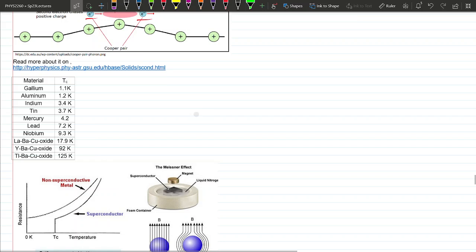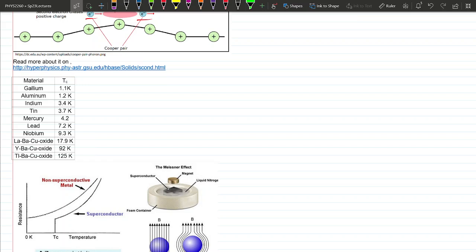In order for a material to be superconductive, as I said, it has to be an orderly process. You have to slow down the electrons. For example, if your material is made of aluminum, you have to cool it down to 1.2 Kelvin, which is negative 271.8 degrees Celsius.